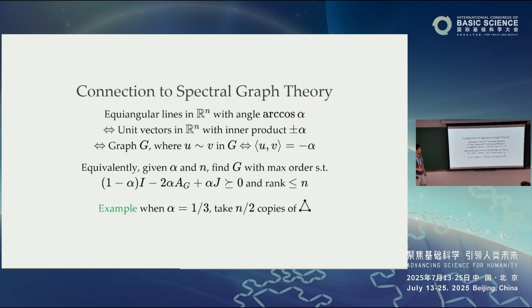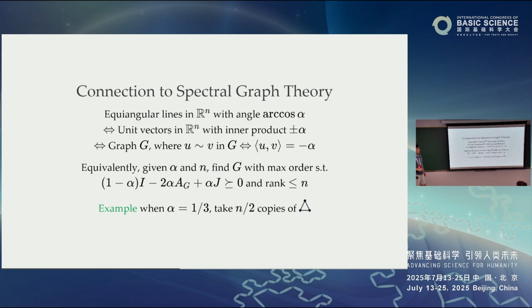So when alpha is equal to 1 over 5, it should be 1 over 3, and you take n over 2 copies of triangles as your graph. For a triangle, the largest eigenvalue is equal to 2. So already you can check that the sum of the first two terms is already PSD.